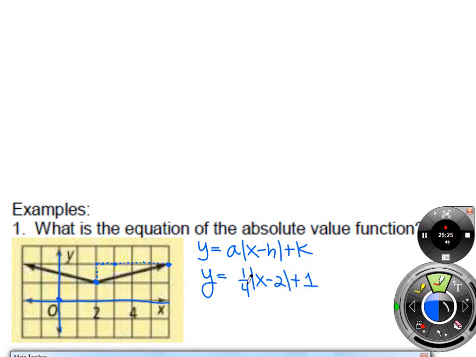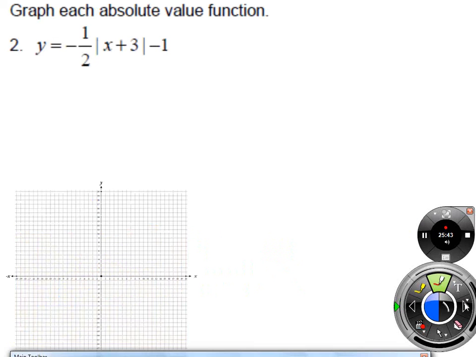And should the 1/4 be negative or positive? Positive because the V is opening upward, and I know that I would only make it negative if it opened downward. Okay? Yes? Yes. A is like the slopes of the lines. Okay? We're going to use a little bit different terminology later, but for now, that's fine.